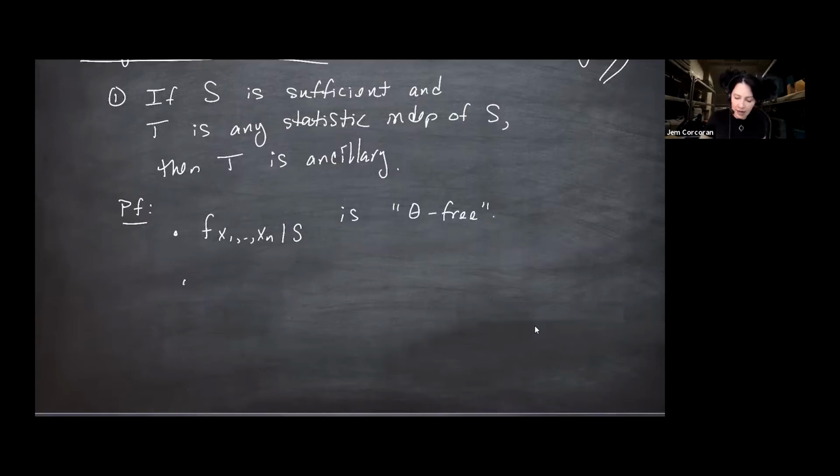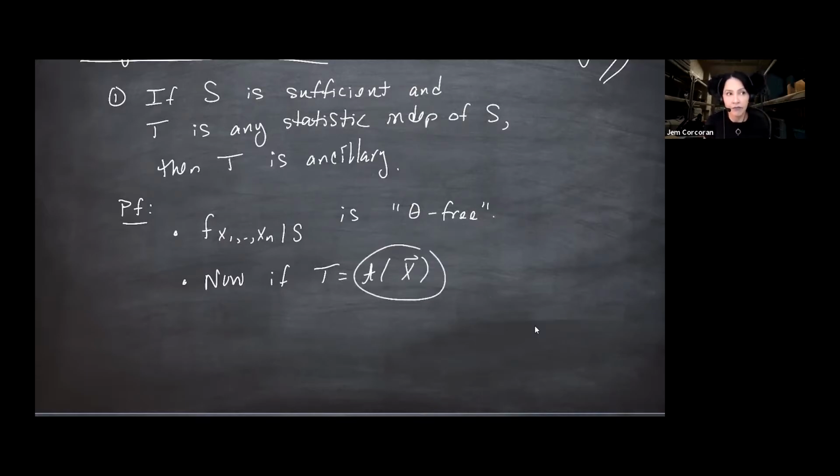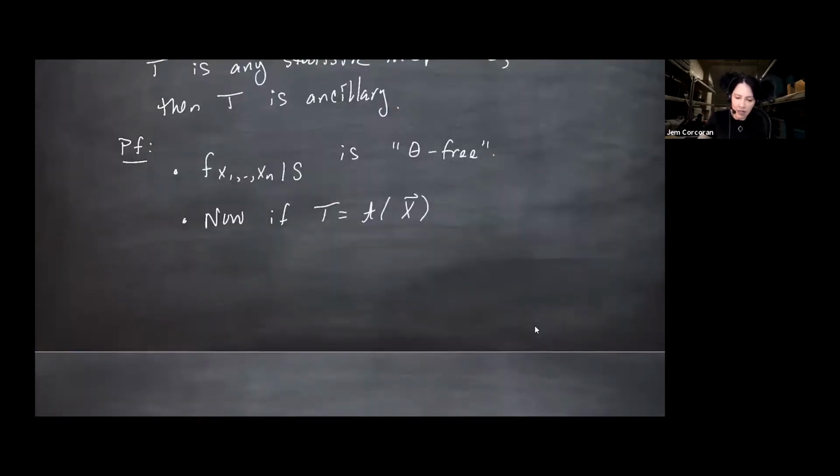Now if you condense the data x1 through xn down to a statistic T, you're not going to be able to somehow get more information. You're actually reducing your information. So if T is T of X, this could be the entire vector, n-dimensional, one-dimensional, three-dimensional, just some kind of statistic formed from the data.